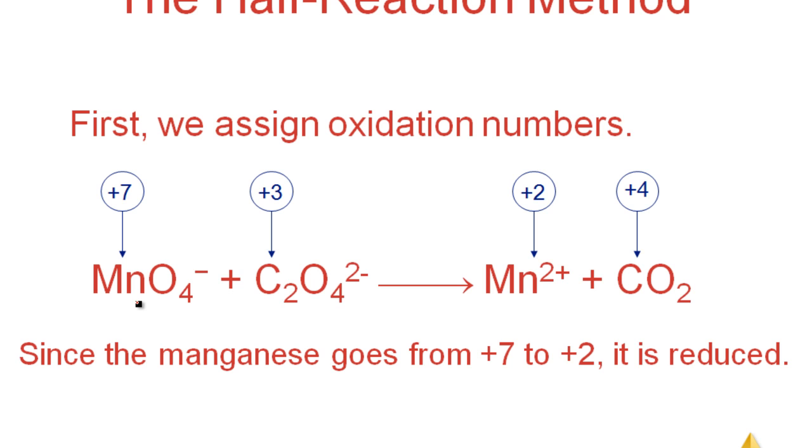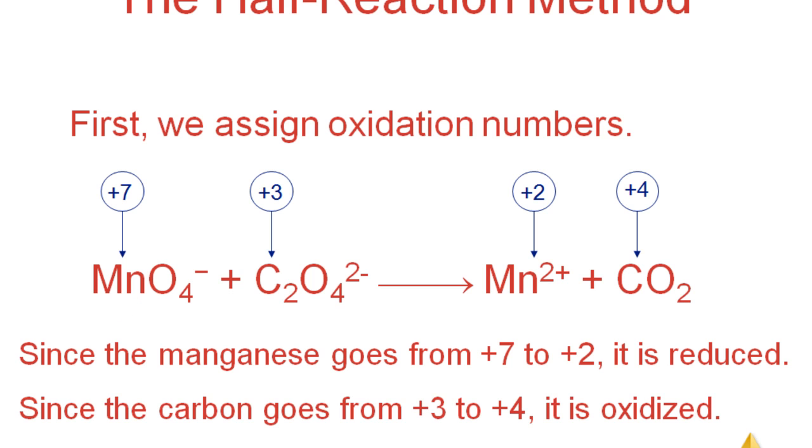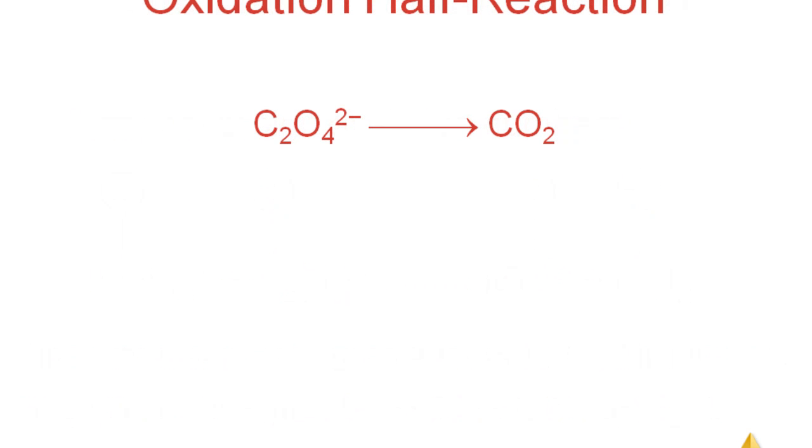So that is reduced, therefore your reduction half reaction is MnO4 minus giving Mn2 plus. Similarly, what happens to carbon? It goes from +3 to +4, it lost an electron. So that is the oxidation reaction. There you have the oxidation half reaction, which is C2O4 2 minus giving CO2.